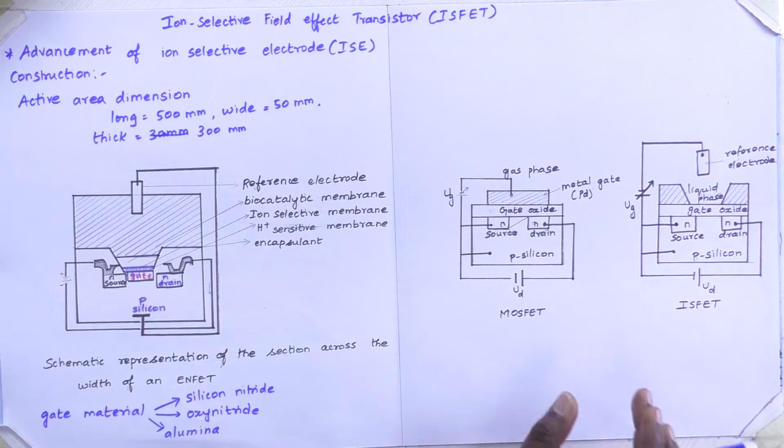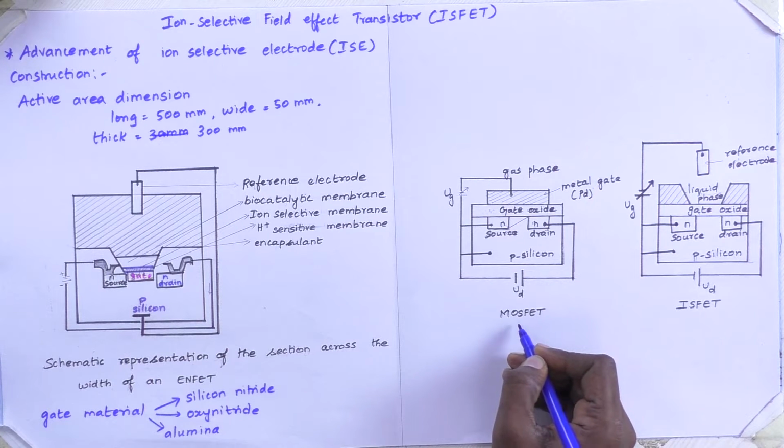One more ion selective field effect transistor is the MOSFET, metal oxide field effect transistor. It has been schematically shown here. There is only a small difference between ISFET and MOSFET.